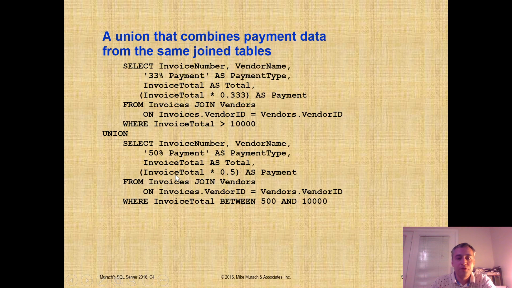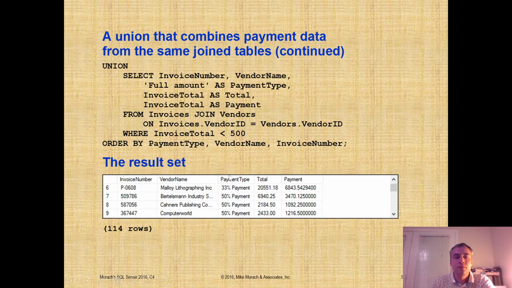And if the invoice total is between 500 and 10,000, then we mark payment type differently with a different value that will appear in the column payment type, and we are calculating payment by a different formula. Okay.